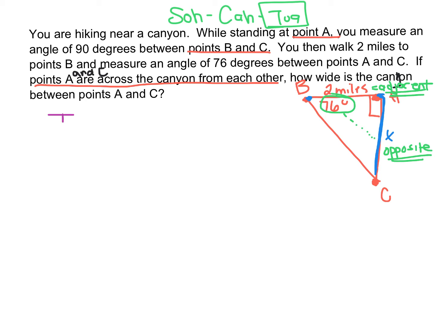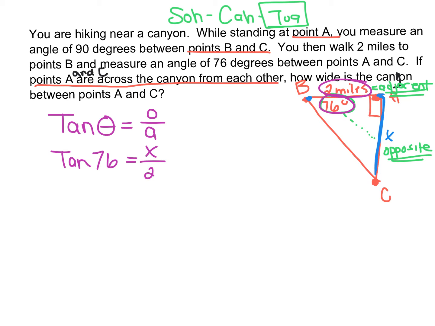So I'm going to take tangent of theta, or my angle, is equal to the opposite leg over the adjacent leg. So here I can take tangent of my angle, which in this case is 76 degrees, is equal to my opposite leg, which is x, divided by my adjacent leg, which is this 2 miles.